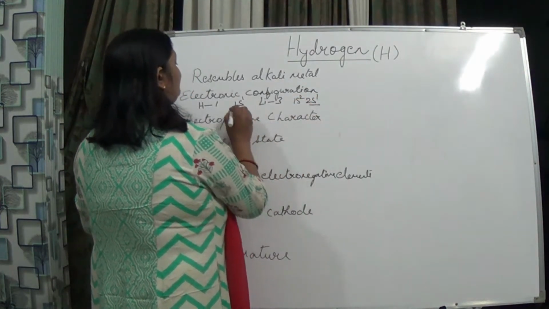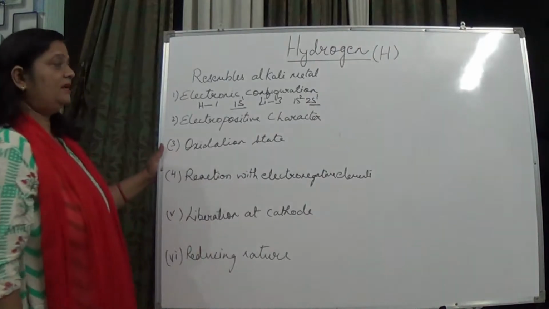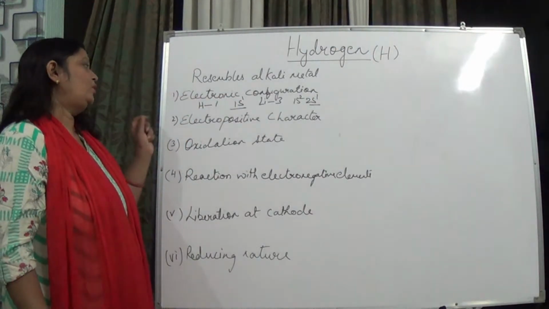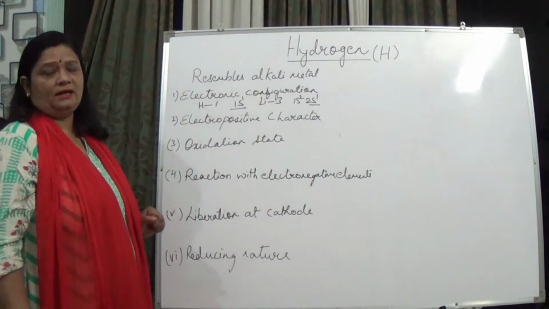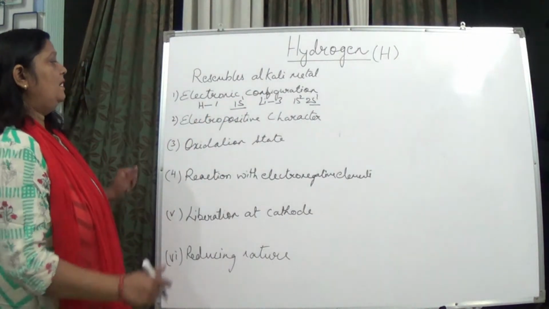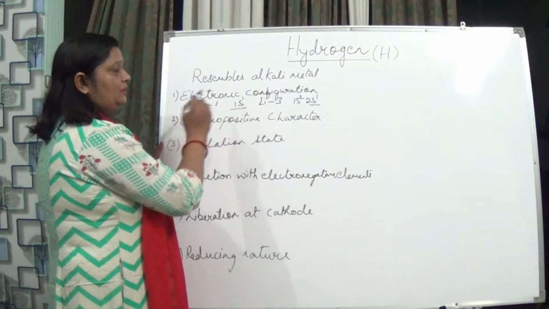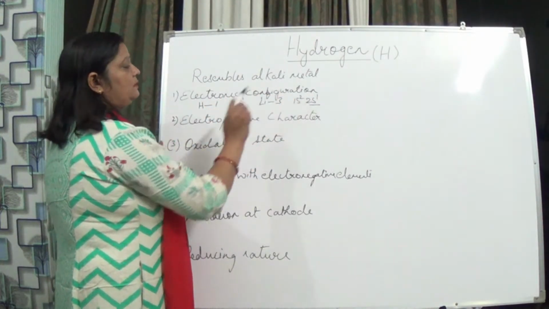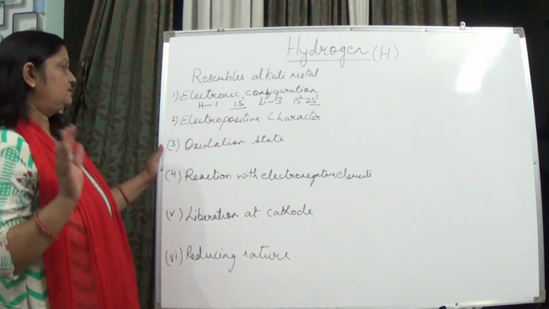In the last shell it has only one electron, and that too belongs to the s block. So 1s1 and 2s1, the electronic configurations are similar.